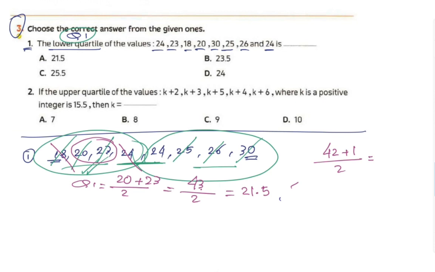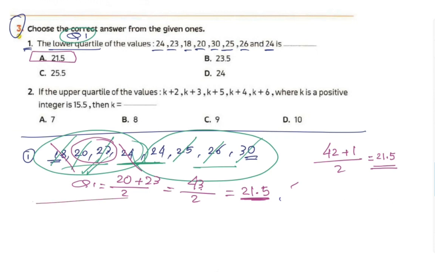But 42 divided by 2, of course, is 21. And then I have 1 over 2, which equals half. I can write half as 0.5. Now Q1 is 21.5. Where is 21.5? It's choice A.